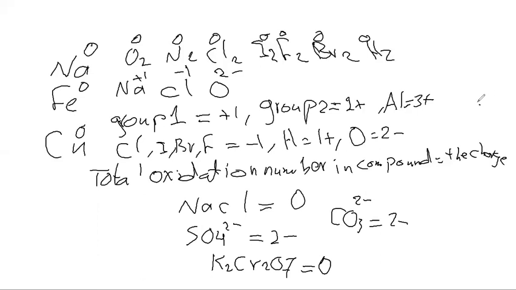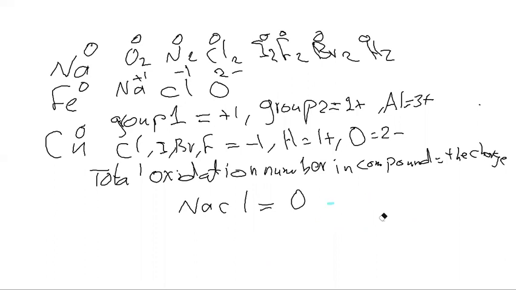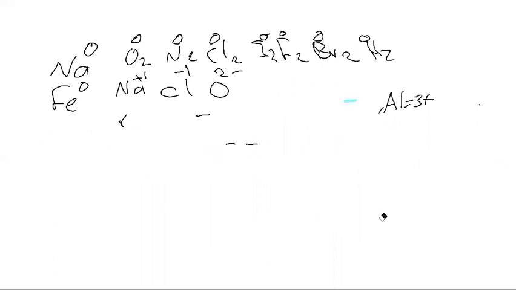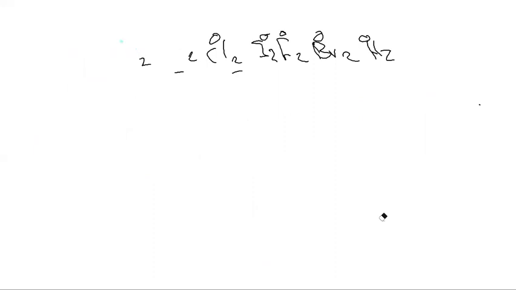Okay, let's practice with some examples to find the oxidation number for some elements in a compound. And as I said, the oxidation number is very important to decide which chemical will be oxidized and which one will be reduced whenever we have an oxidation reduction reaction.